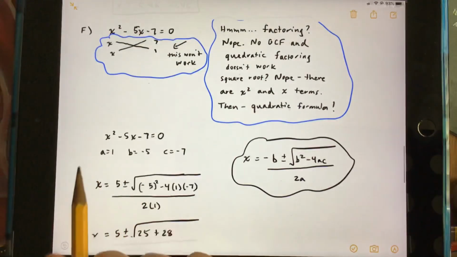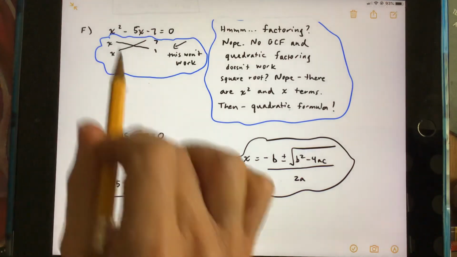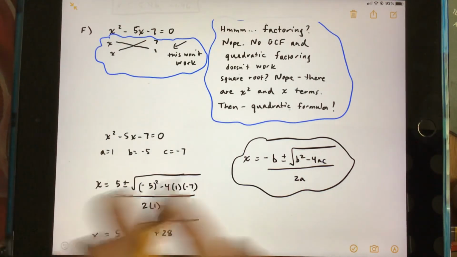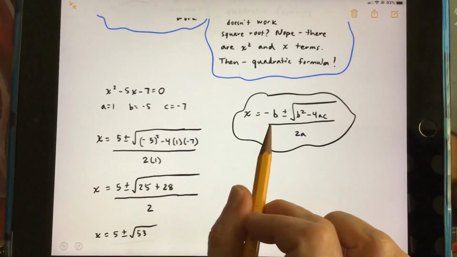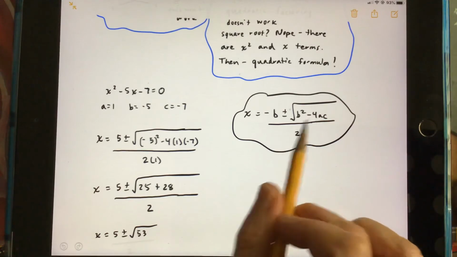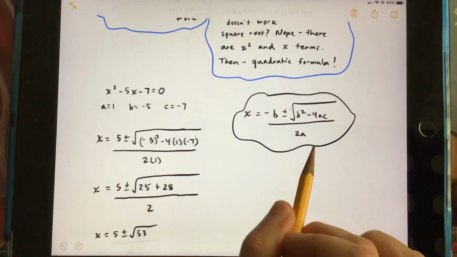So here I am working this out using the quadratic formula. I simply rewrote the equation down here just to have it all in one place. So there's my quadratic formula. X equals the opposite of b plus or minus the square root of b squared minus 4ac all over 2a.